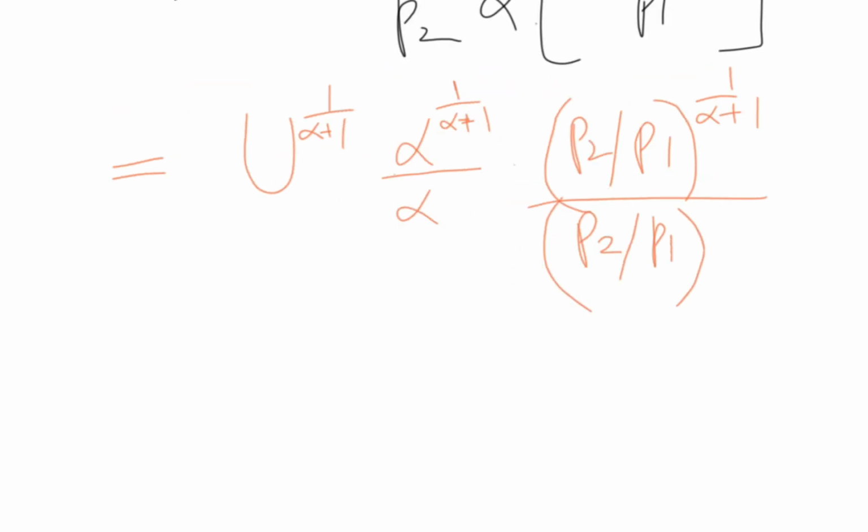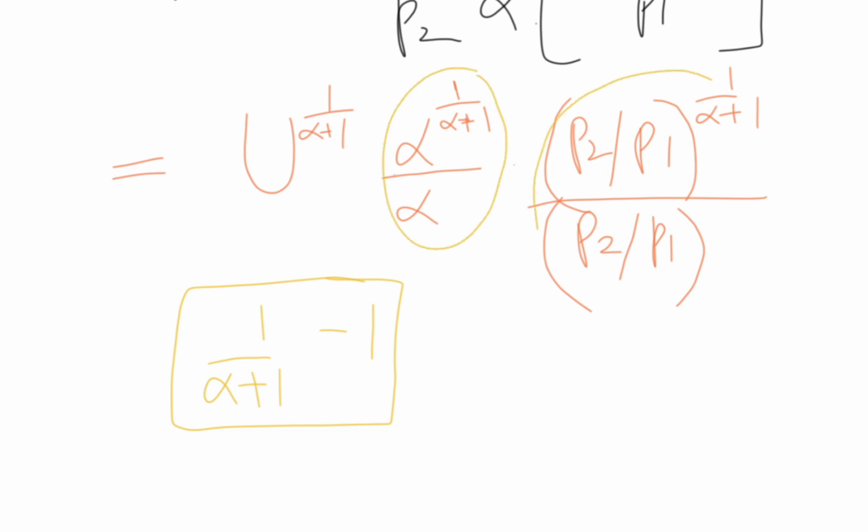Let's calculate 1 upon alpha plus 1 minus 1 because this is an expression that is used here as well as here. If you look closely, this is nothing but alpha raised to power 1 upon alpha plus 1 minus 1. This expression.